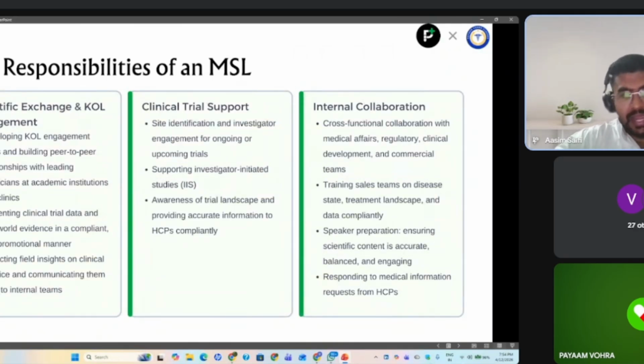Awareness of the trial and landscape: providing accurate information to HCPs. Whenever they prepare a landscape about the clinical trial, there should be accurate information. For that information, MSLs use ICH GCP guidelines and the regulatory body's guidelines of the country where they are going to conduct the clinical trial.